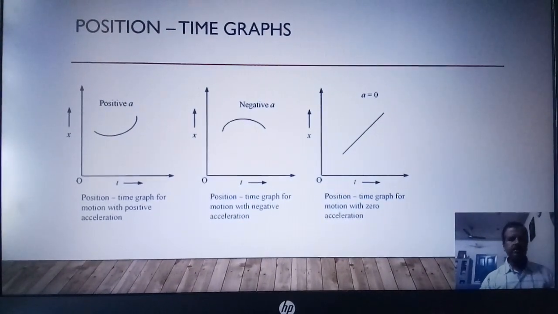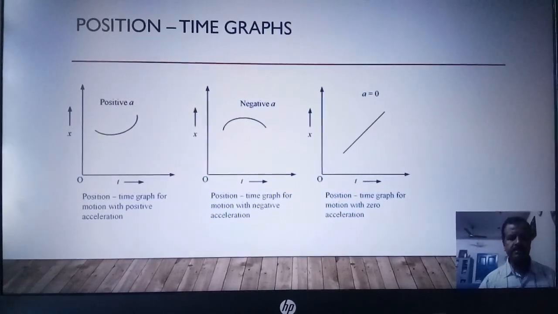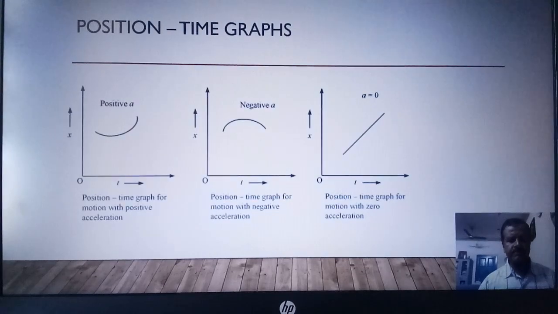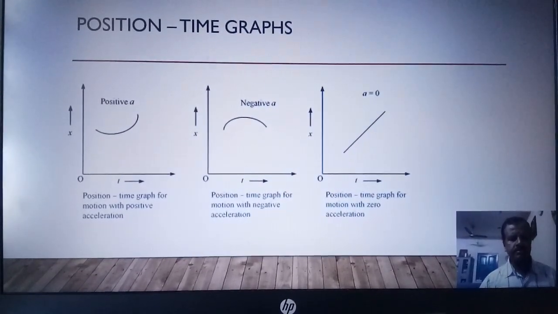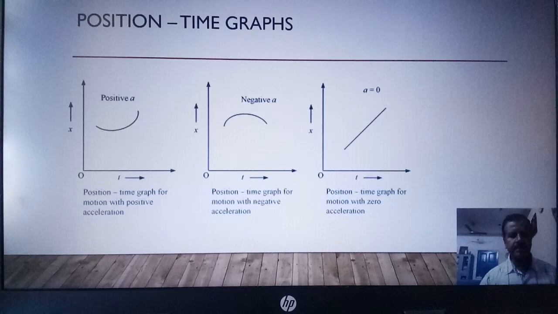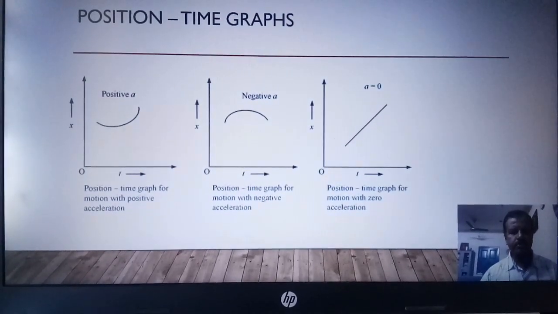Now these are 3 position time graphs. Previously they were velocity time graphs. Here it is position time graphs. The position time graphs for the first one and second one, you see, are curves: an increasing curve and a decreasing curve. So again, these curves represent that the motions are not uniform. They are representing non-uniform motion.